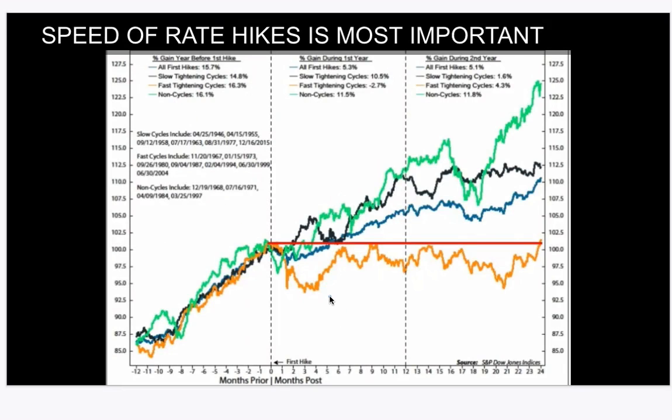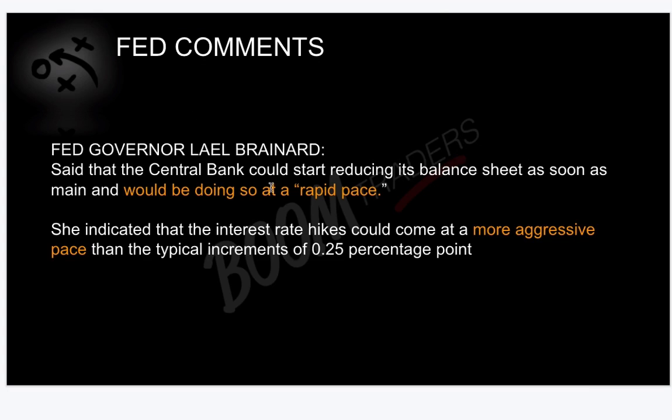The reason why we're getting into trouble is that the language coming out of the Fed that the market does not like is that they're likely going to accelerate the pace of rate hike tightening. So here are a few of the comments. Basically, we're seeing that the Fed is looking to reduce its balance sheet, and it will be doing so at rapid speed, which puts us right into the orange line scenario.